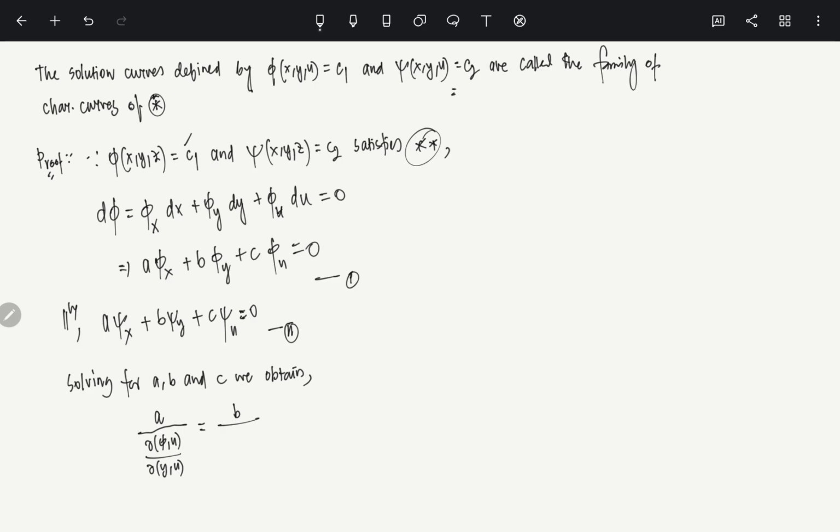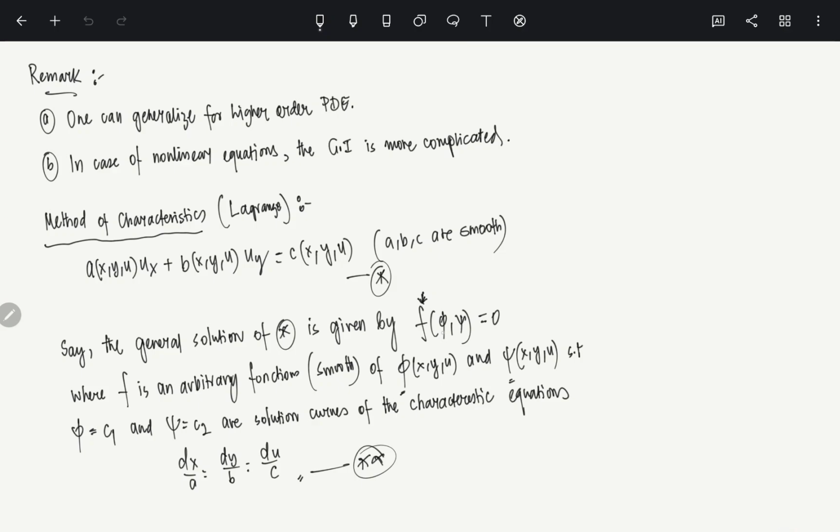This is just two equations, of course you can solve it, absolutely no issues. Now, f of phi psi is given to be 0.